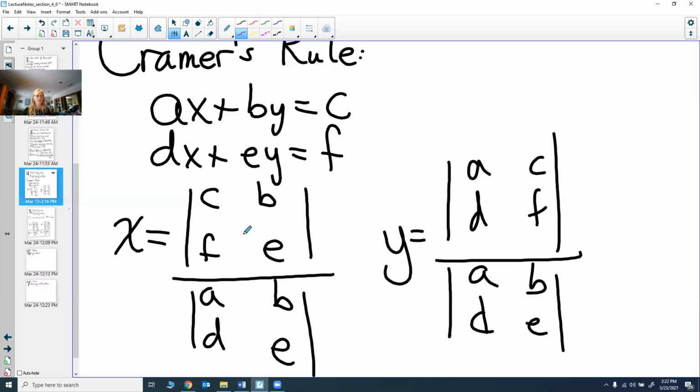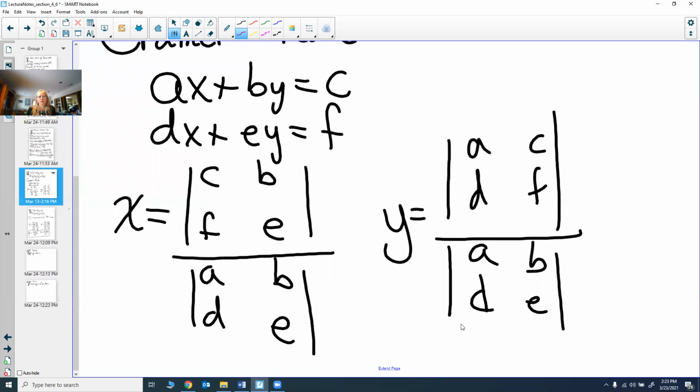You take the ratio of the determinant of the matrix created by replacing the coefficients of x with the constants, over the determinant of the coefficients, and you'll get x. Same thing for y: it's the ratio of the determinant where we took the coefficient matrix but replaced the coefficients of y with those constants, c and f, so a, c, d, f, over a, b, d, e, the determinant of your coefficient matrix. That's Cramer's rule.